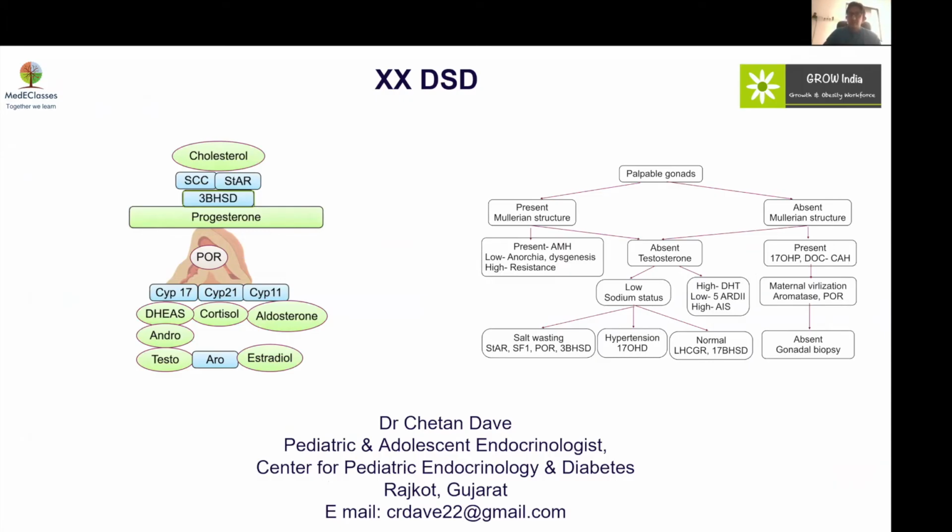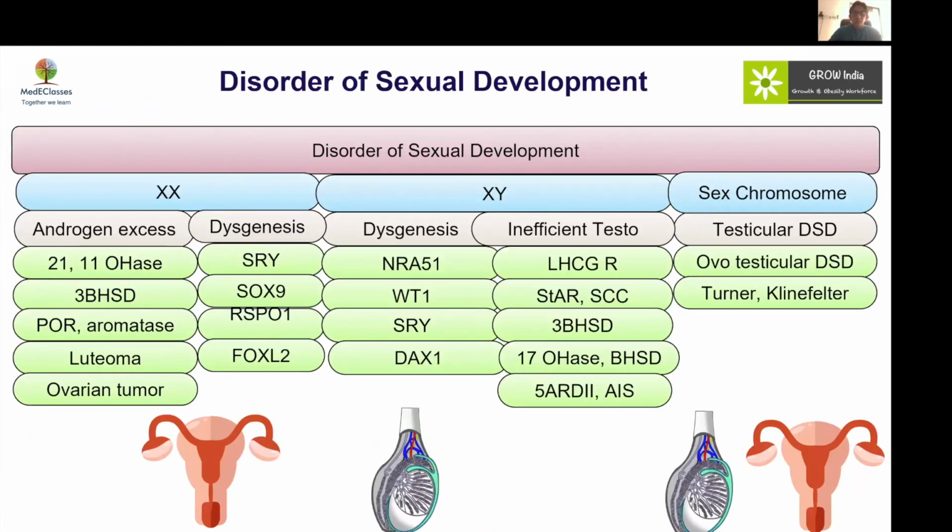In XX DSD, the major issue is androgen exposure. We know that female genitalia, the external female genital appearance, is the default. Even if there is no ovary, the genitalia will still be female. So for XX DSD to happen, you need some androgen exposure to virilize the female genitalia.